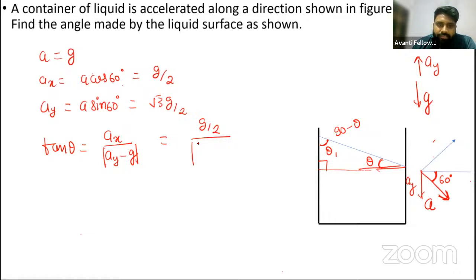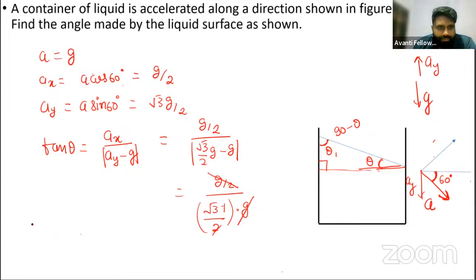AY here is root 3 by 2 into G minus G. So G by 2 divided by root 3 minus 1 by 2 into G. You can cancel out this G by 2 with G by 2. And this tan theta here is equals to 1 upon root 3 minus 1.